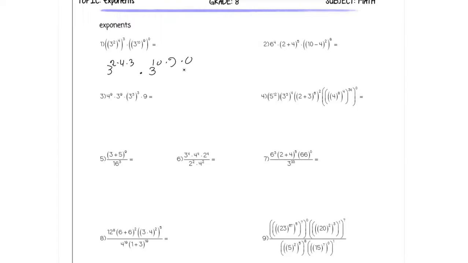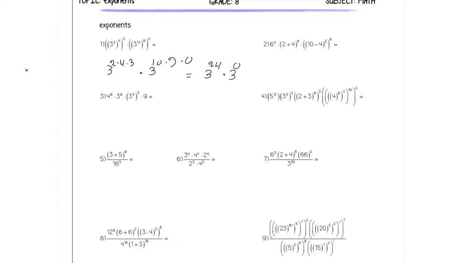This one is 2, equal to 3 to the power of 2 times 4, 8. 8 times 3, 24, multiply by 3. 10 times 9, 90, multiply by 0, it's 0.